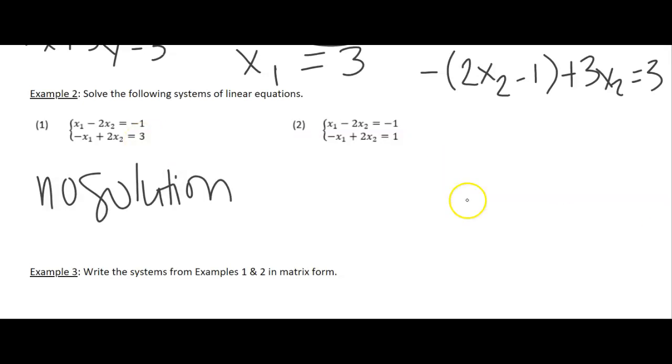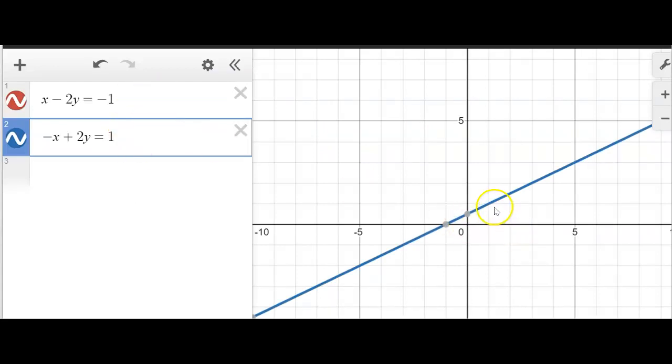All right, let's look at our second one right here. So I'm going to say x minus 2y equals -1 and negative x plus 2y equals 1. Notice when I make that change, there is now no distinguishing characteristic between these two lines. In fact, if you multiplied this by a negative all the way through, they would be the exact same line. Therefore, they are going to have a solution set that is true for every xy of these shared lines.